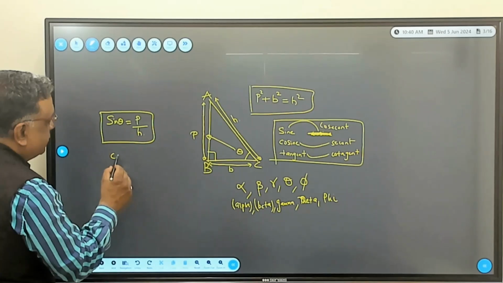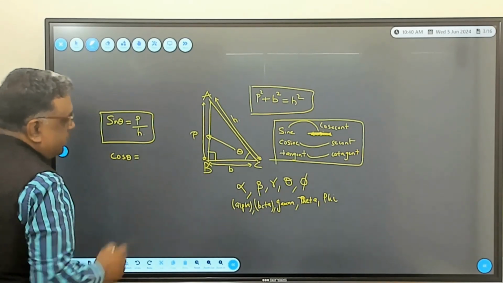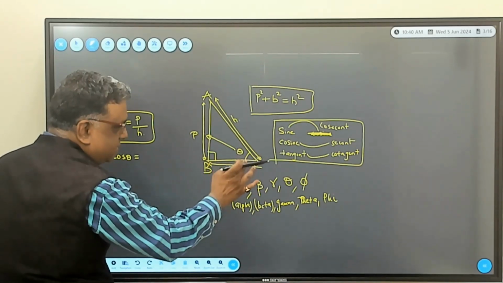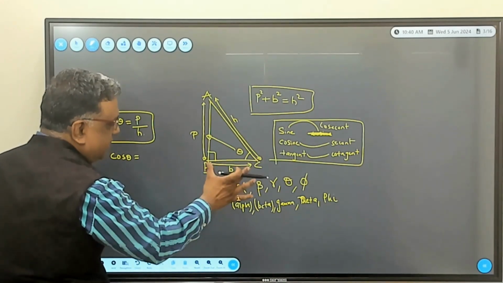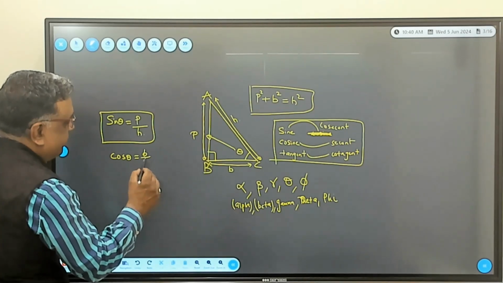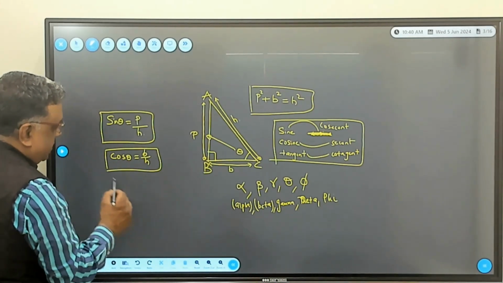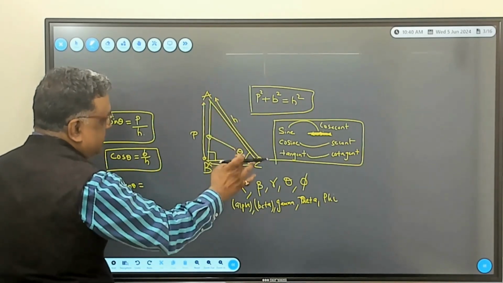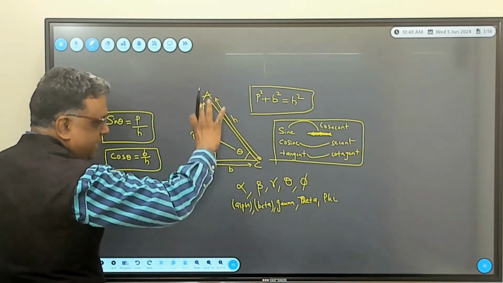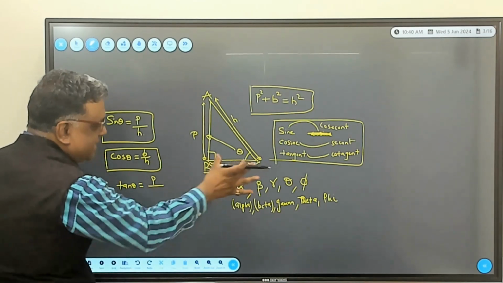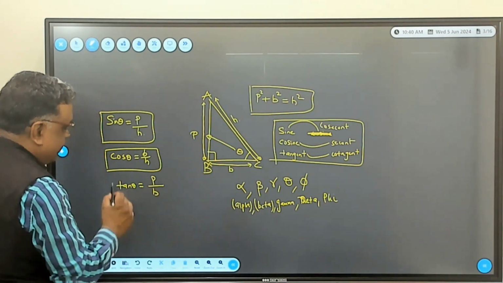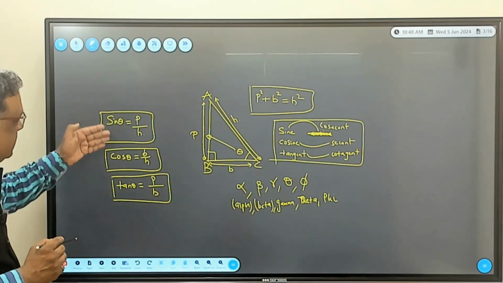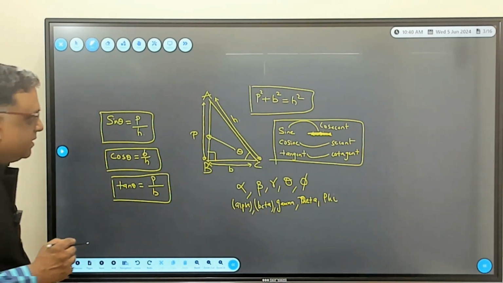The definition of cos is the side adjacent to the angle, that is B upon H. And tan theta is the side opposite to this angle, that is P, upon the side adjacent, that is B. So these are the basic definitions of sine theta, cos theta and tan theta.